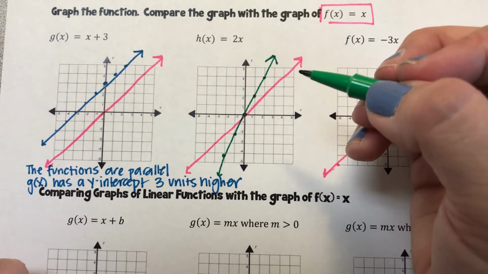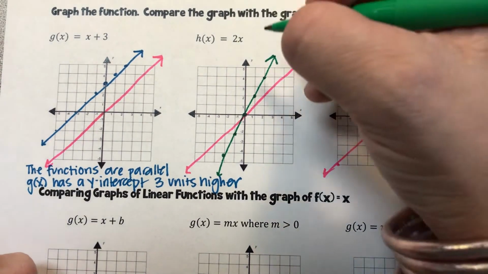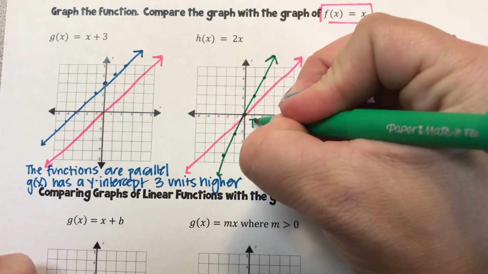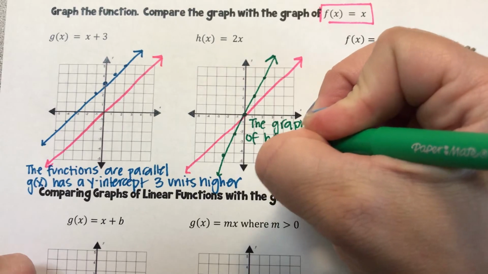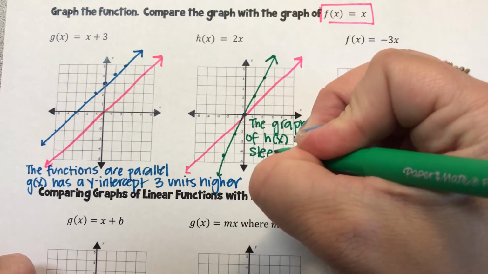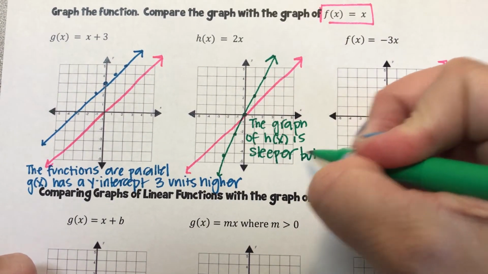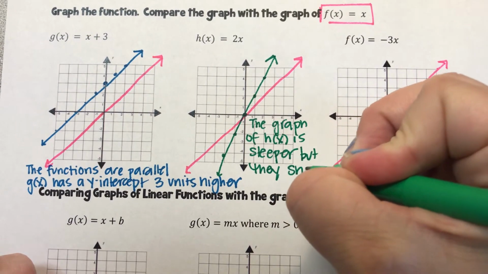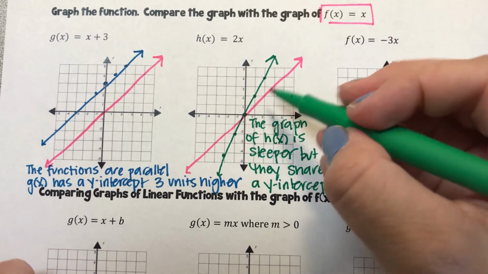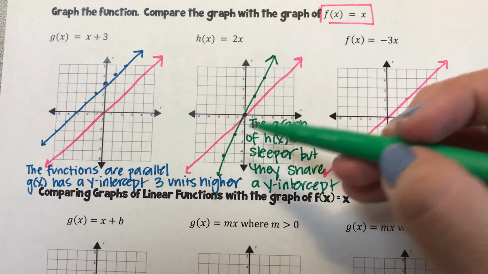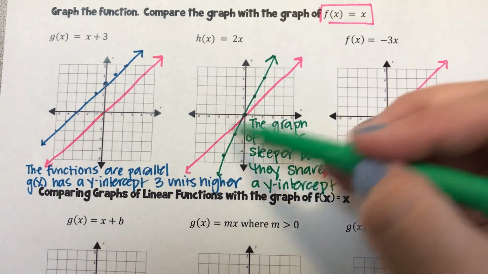Okay, so if we were going to compare these two, we could say the graph of h of x is steeper, right, or more steep, okay, but they share a y-intercept, right? Both functions cross at the same point, 0, 0, but this line is more steep or steeper, okay, than the parent function.